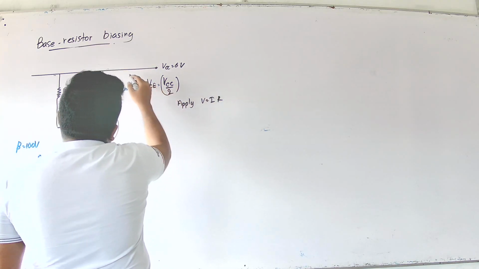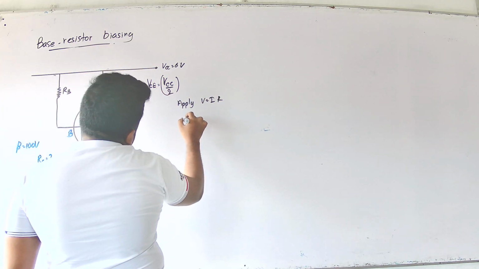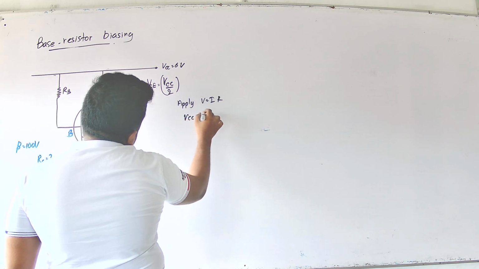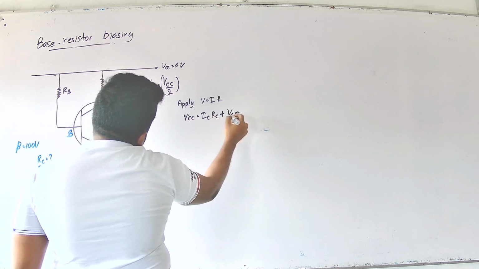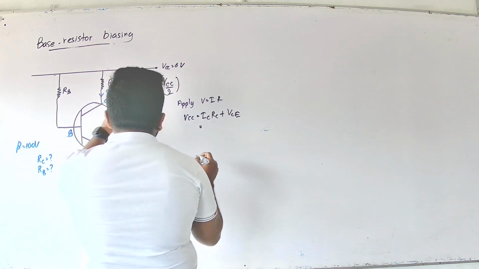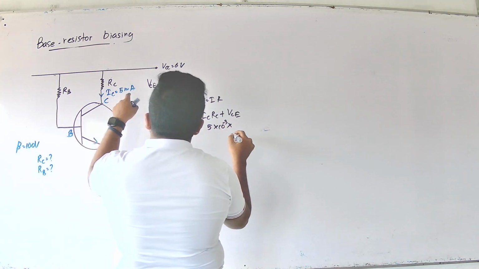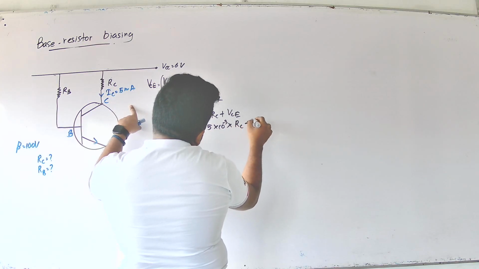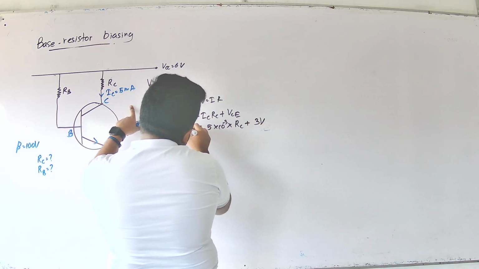So when I apply V equals IR to this branch, VCC equals ICRC plus VCE. IC is 5 milliampere, VCE is 3 volts, and VCC is 6 volts.